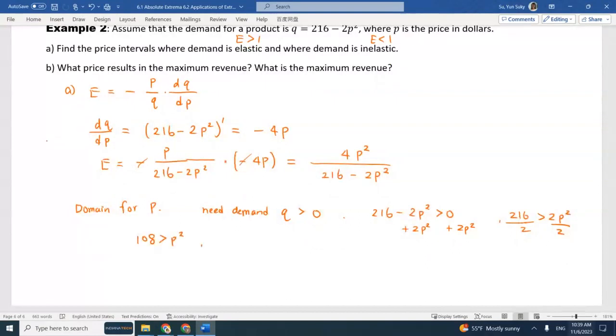Well then, when you take square roots, because the square root is an increasing function, when you take the square roots on both sides, your inequality is still preserved.